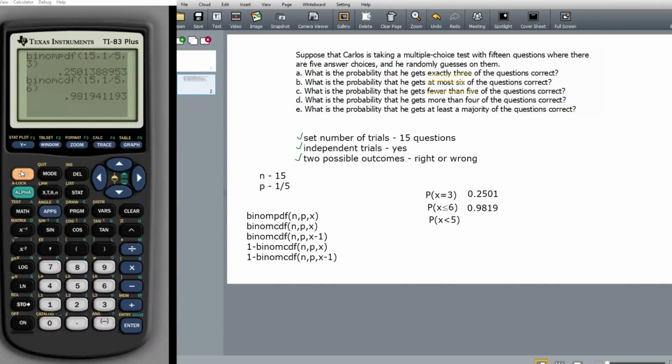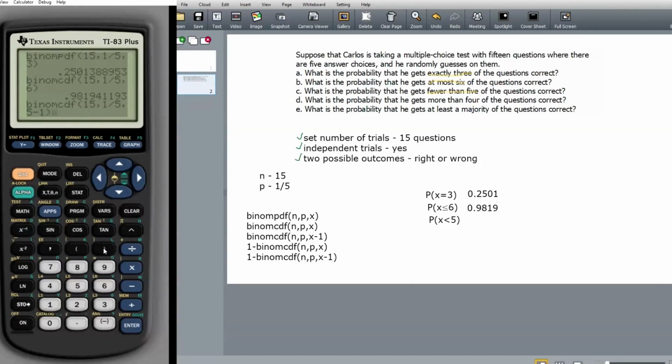I can go ahead and press second bars and scroll down to binomial CDF. Then I can type 15, comma, 1/5, comma, 5 minus 1. Because I am not including the number 5 in my probability.